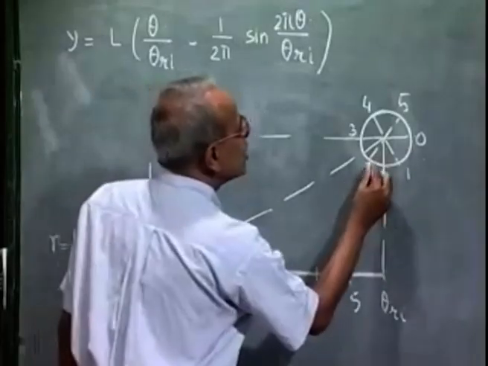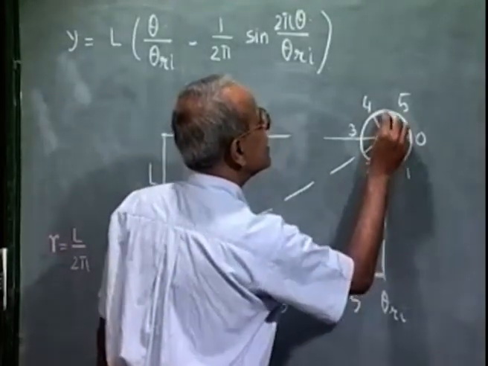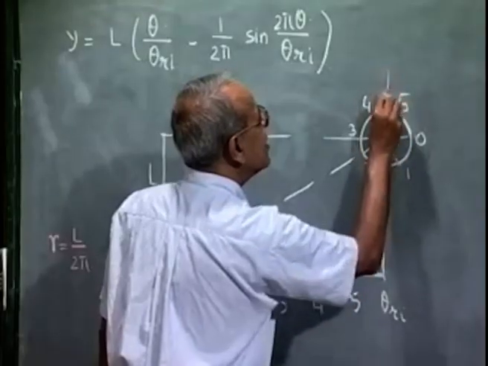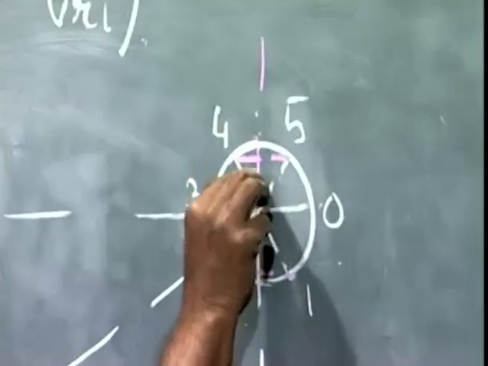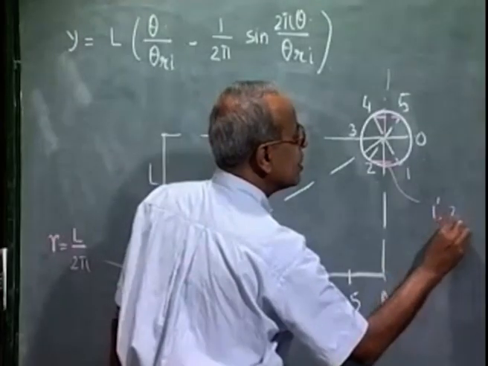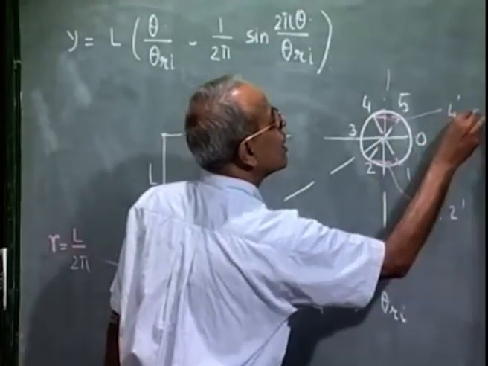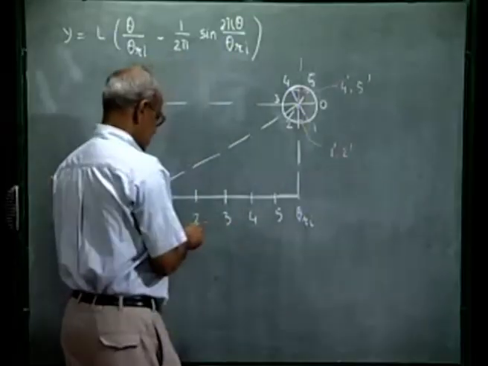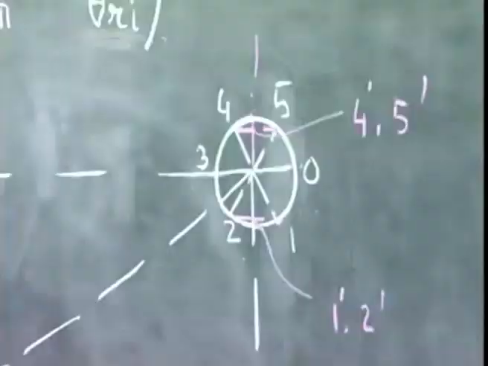So what I do, I project these points onto this vertical diameter. This I call, say, 1 prime, 2 prime, and this is 4 prime, 5 prime, and the center of the wheel which takes 0 and 3.